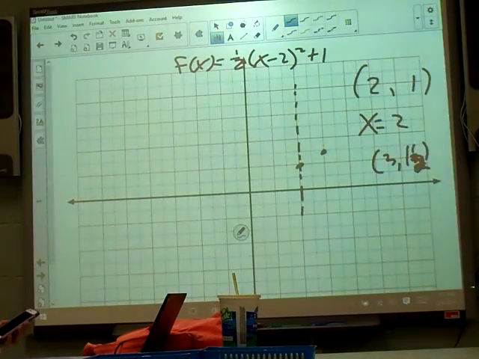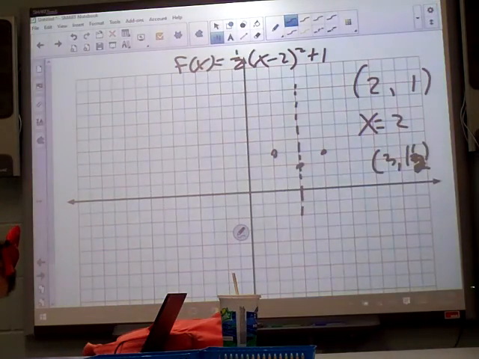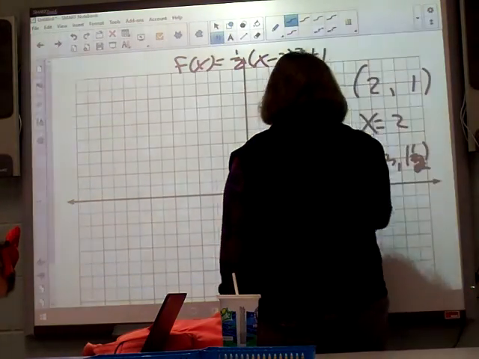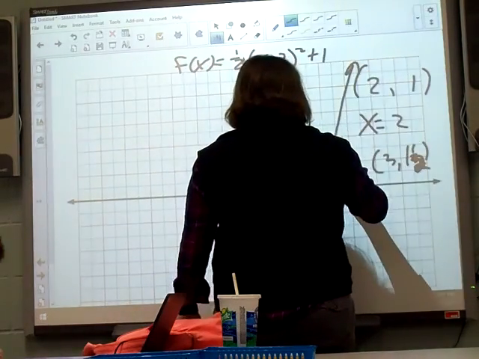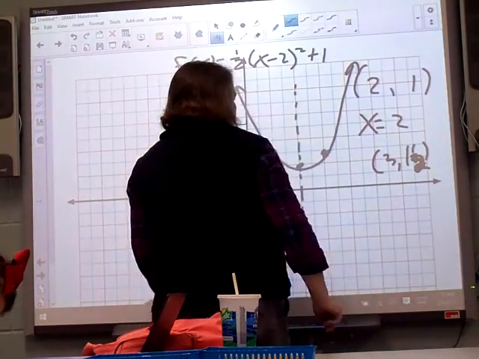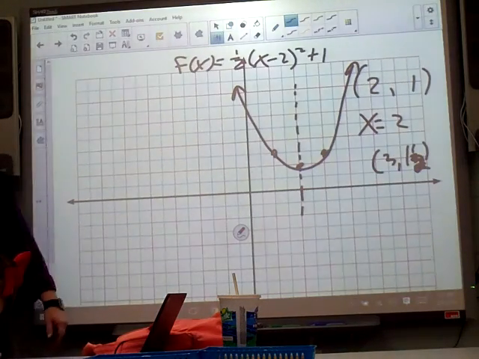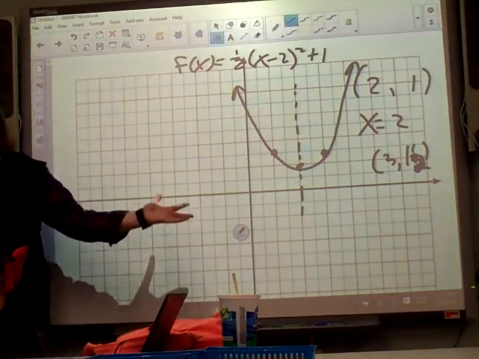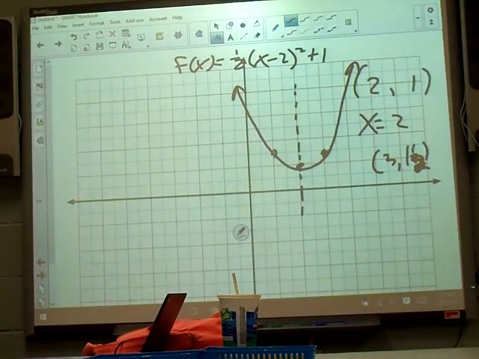Flip that on the other side. That looks pretty good. Does that look a little wider than the last one I drew? Not humongous wider, but it is a little bit spread out.